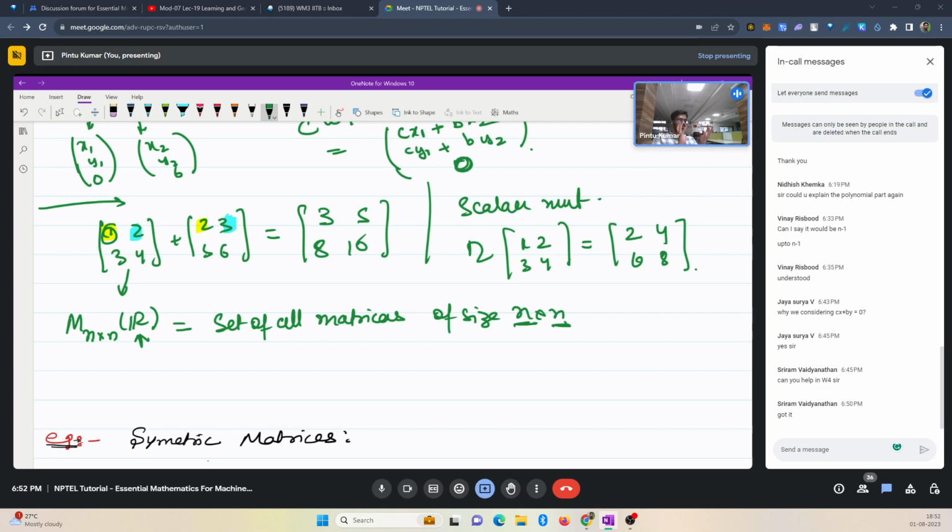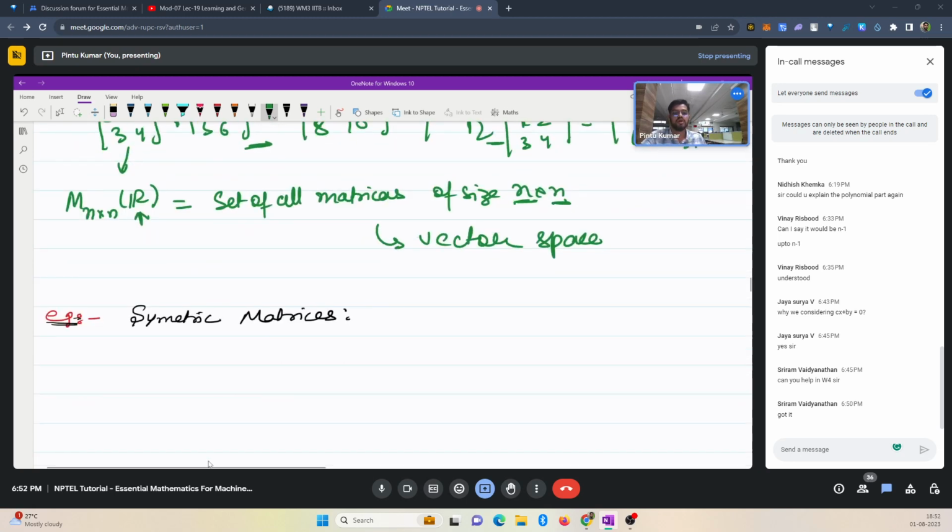If you take this set with these two operations, the addition we did just now and this scalar multiplication, this will form a vector space. I want you to trust me on this, and you can try proving all those 10 properties. You will easily get it. There is no trick in it.